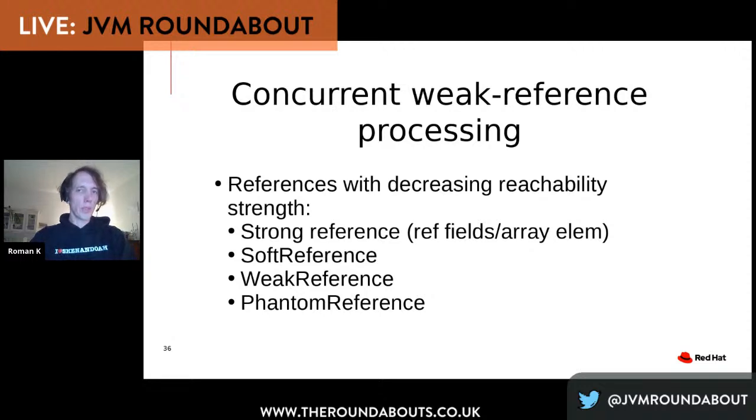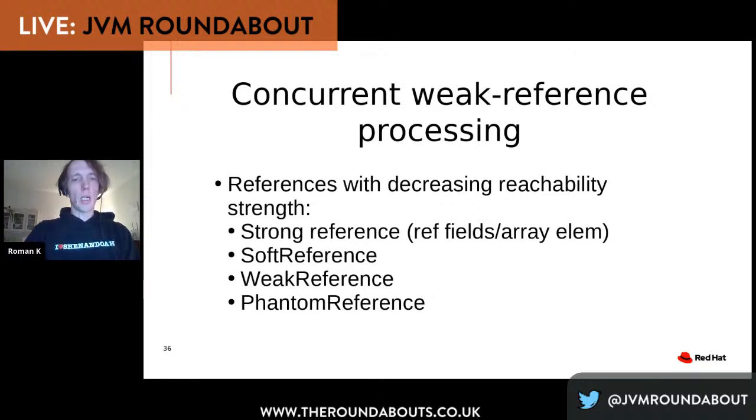Then we have, with decreasing reachability, soft references, which are usually cleared only when they are unreachable and a certain threshold is reached in terms of memory pressure. So if memory is full and you have unreachable soft references, they will probably get cleared, which is useful for stuff like caches. Then we have weak references, which are usually always cleared as soon as the referent becomes unreachable.